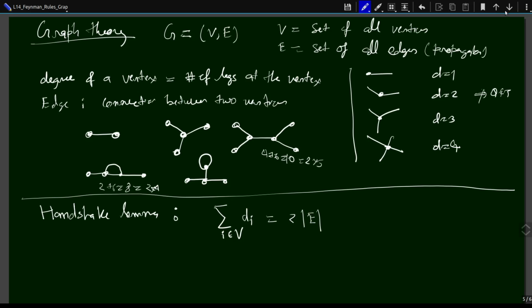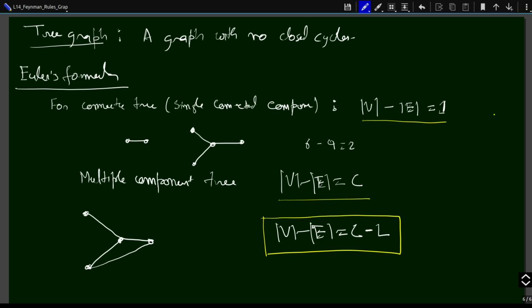Okay, I'm going to combine these two formulas and eliminate the number of edges from my expression. Okay, I can write this particular thing as V minus C plus L is equal to E. I can start by writing like this and then multiply on both sides by 2, because the previous formula is about 2 times the number of edges.